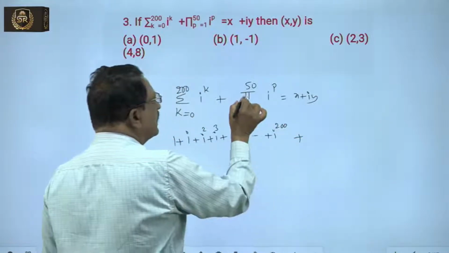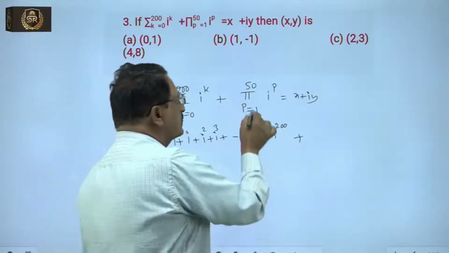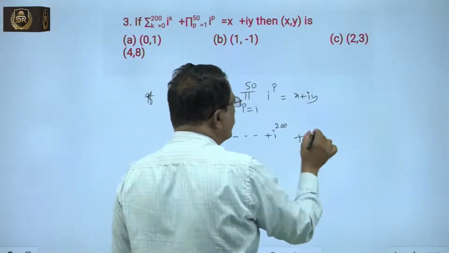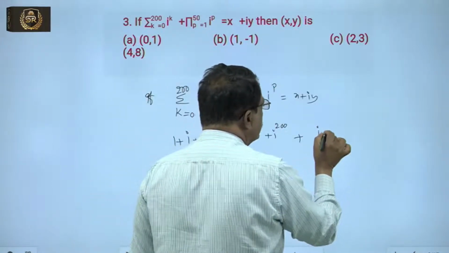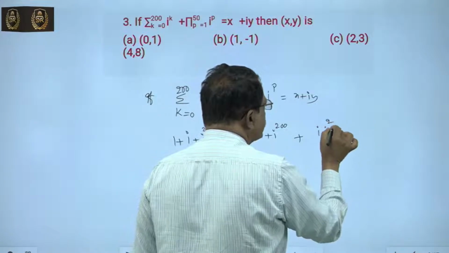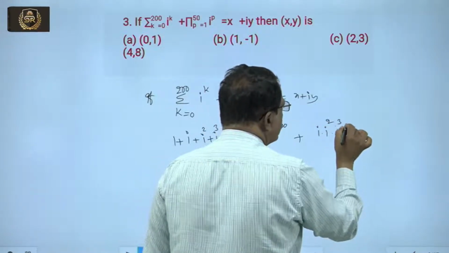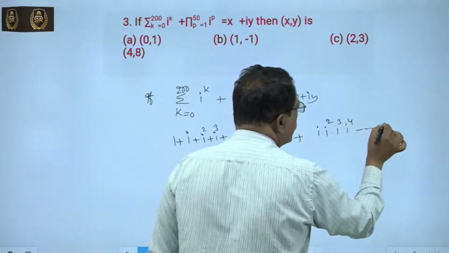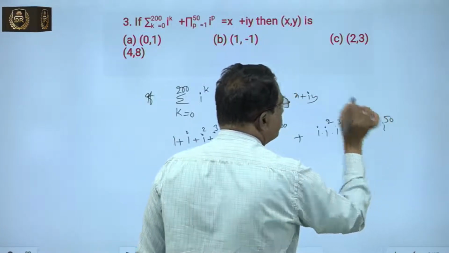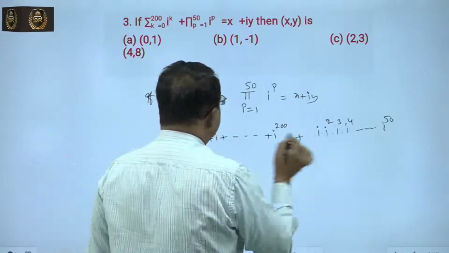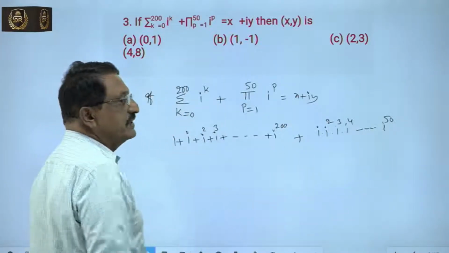Plus, here pi is nothing but the product of terms from p equals 1 to 50. P equals 1, substitute i into i square into i cube into i to the power of 4 up to i to the power of 50. Pi is the product of terms, sigma is the sum of the terms.